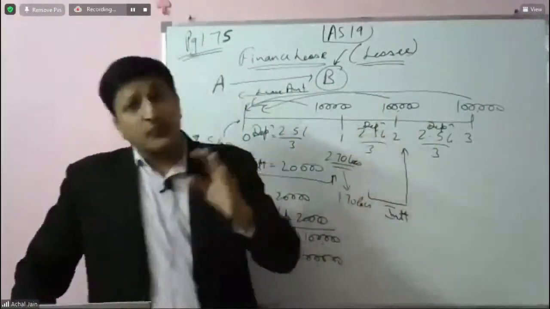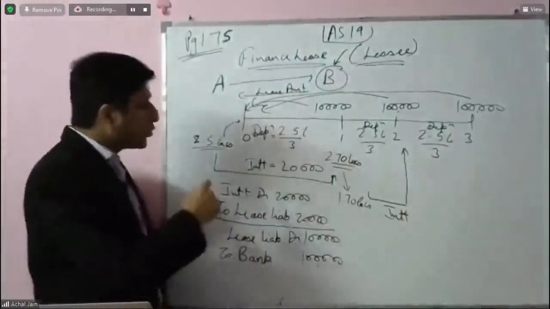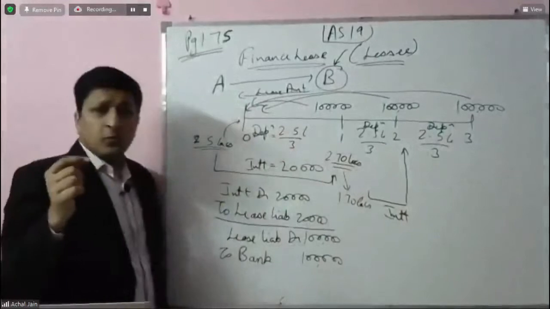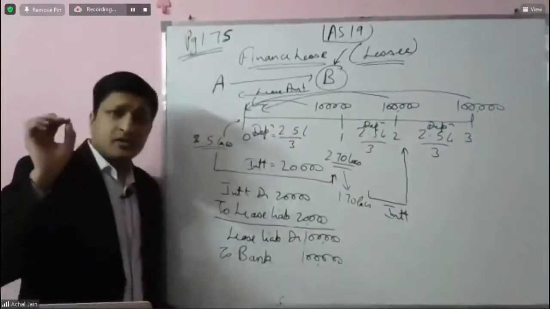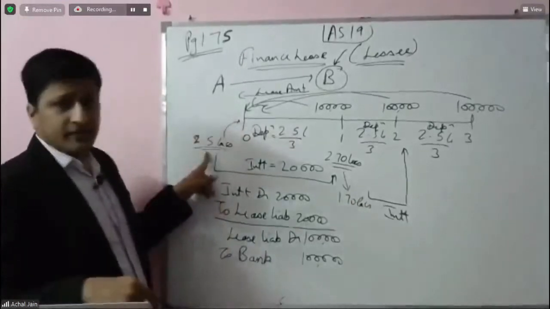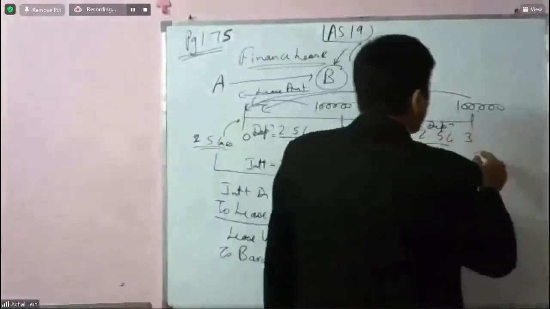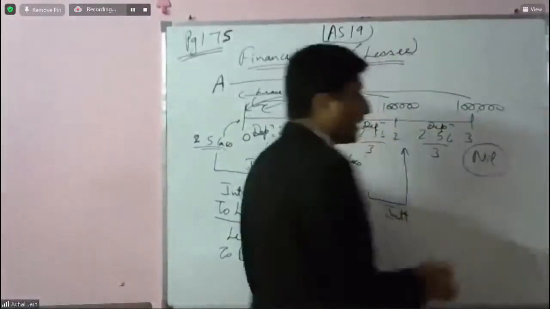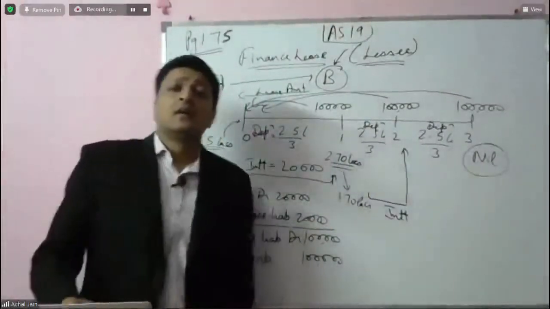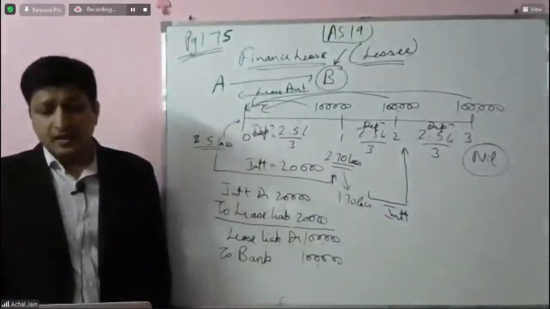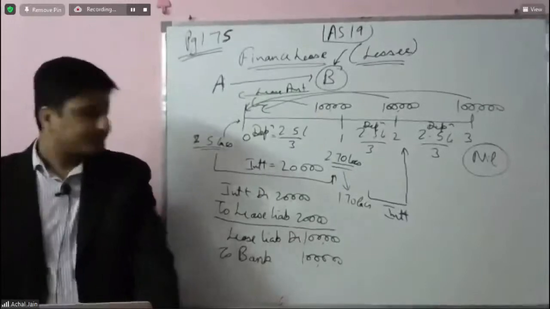And the fourth and the most important point, which we have understood, is that whenever we do this accounting, we have to make sure that we use such a rate of interest so that the lease liability becomes 0 at the end of the lease term. It cannot be based on any other concept.